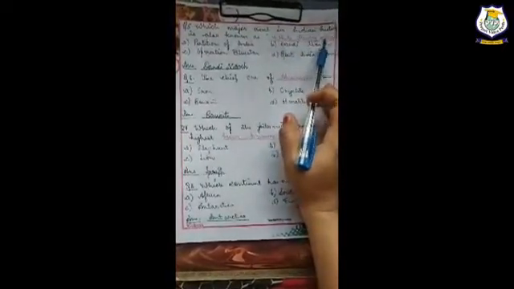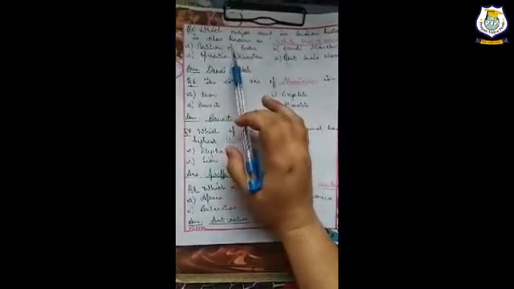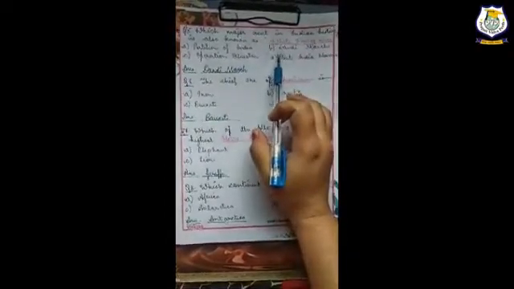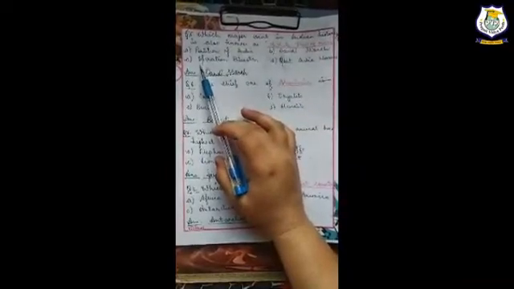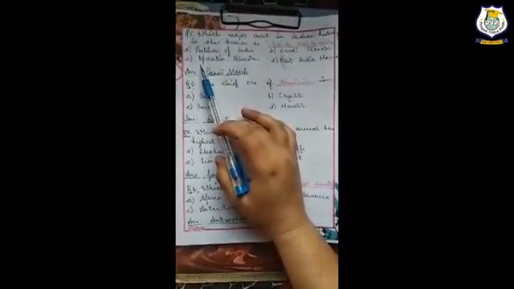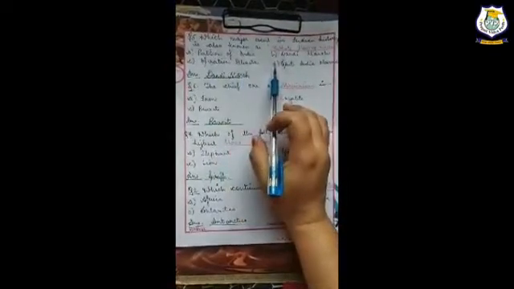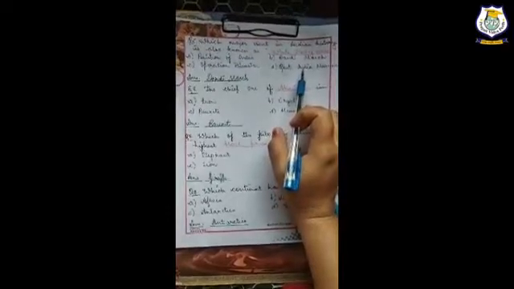Options are option A, Partition of India, option B, Dandi March, option C, Operation Blue Star, option D, Quit India Movement.